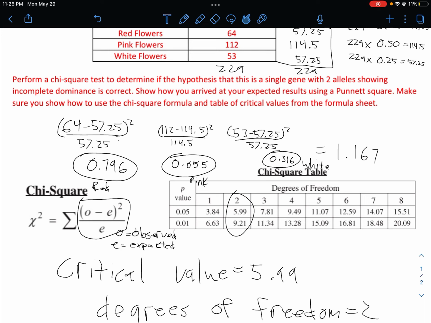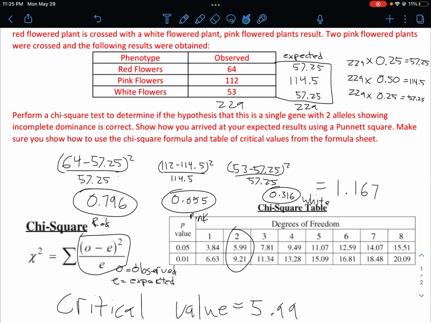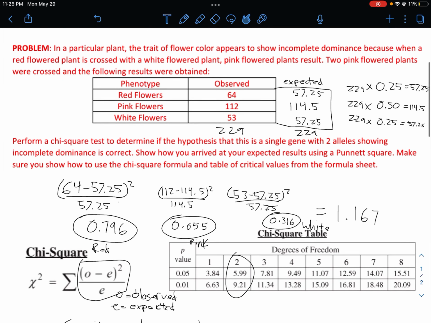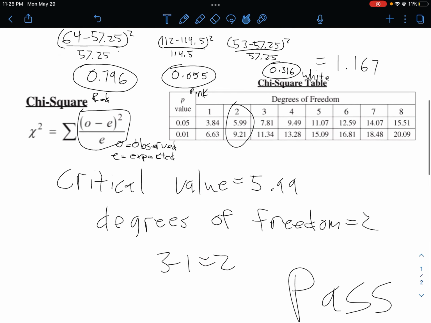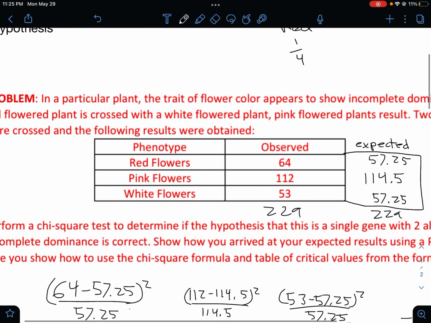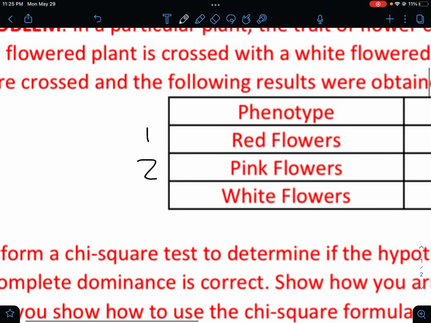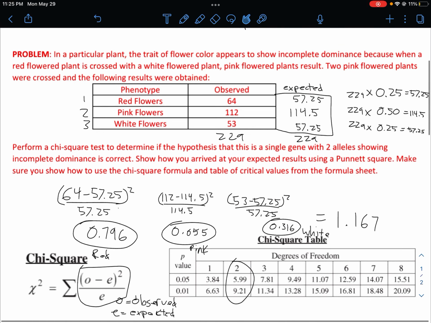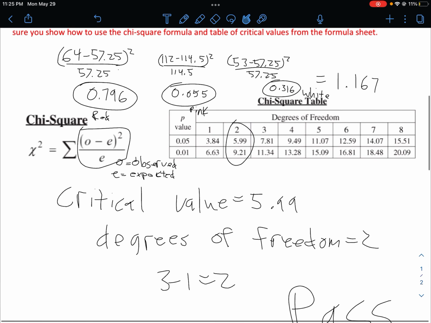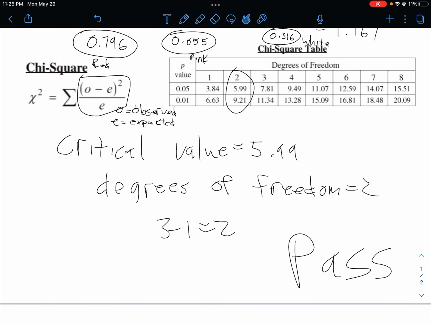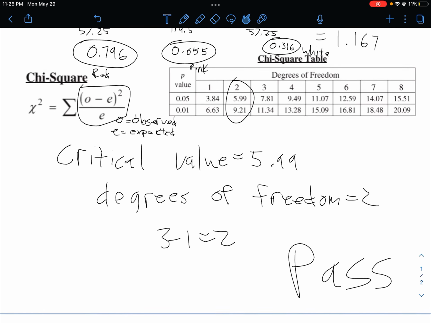And what you have to do is figure out the degrees of freedom. You have 3 different colors of flowers, so you get the number 3, and then you subtract 3 minus 1, and you get 2 degrees of freedom.